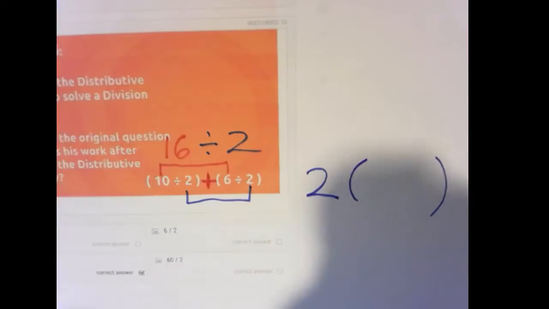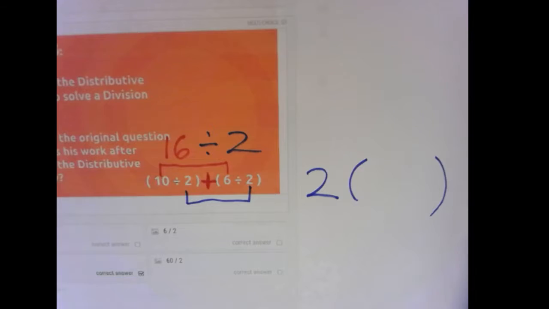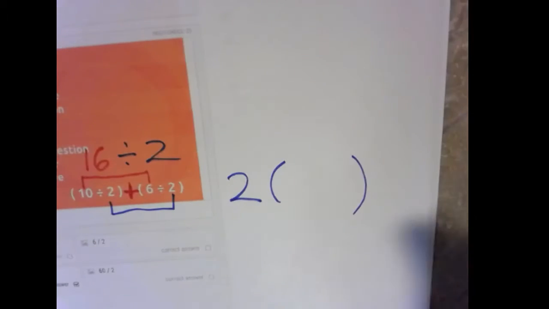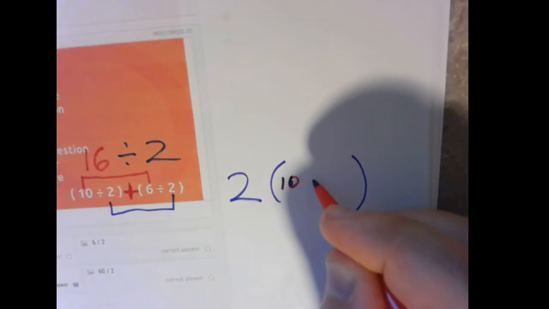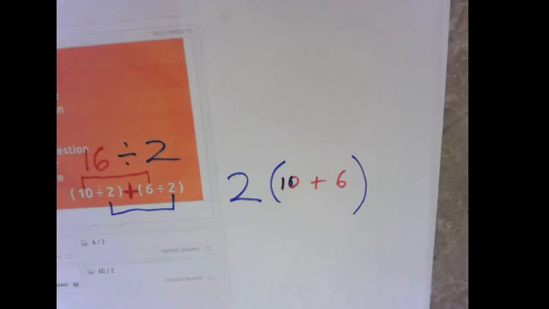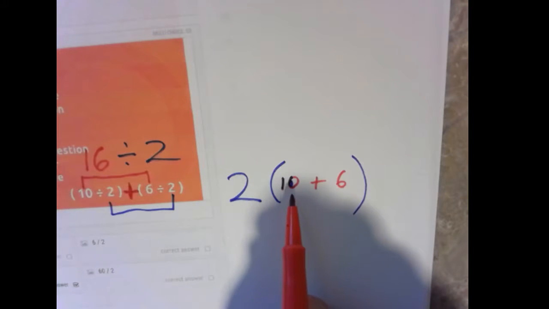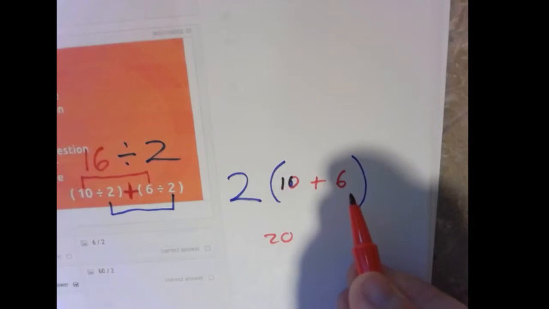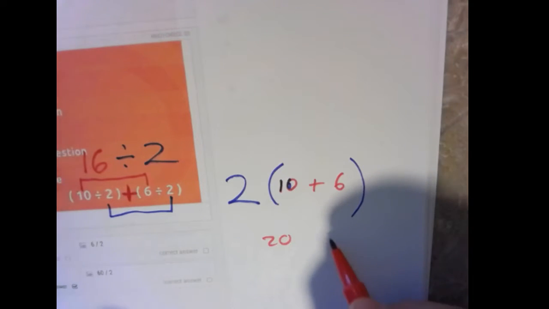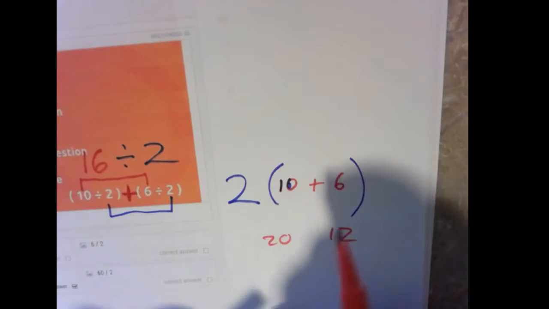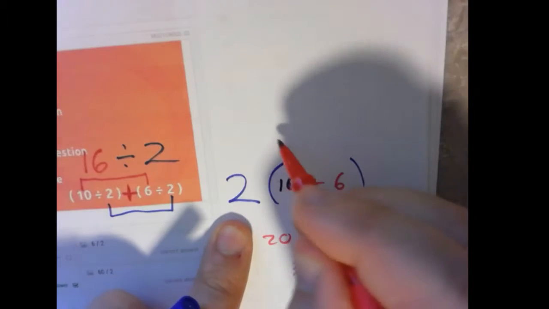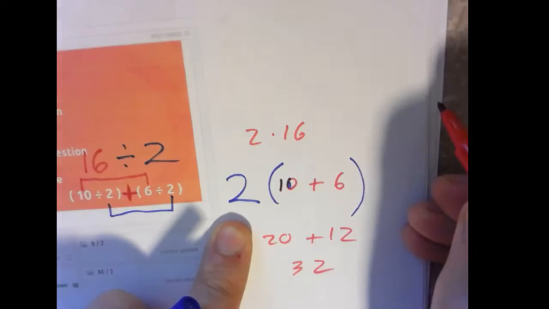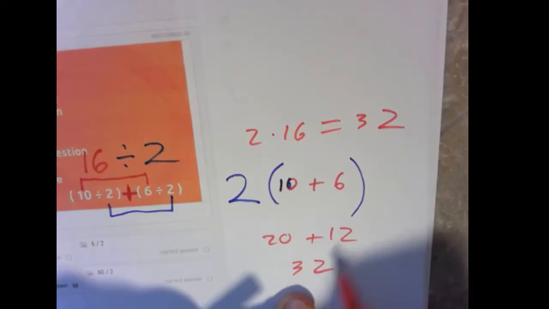So this is a division problem, but I just want to show a quick example of how you can see it using multiplication as well. 2 times 10 would be 20, and 2 times 6 would be 12, and when you put these together, that would be 32, or you could think of it as 2 times 16 also gives us 32.